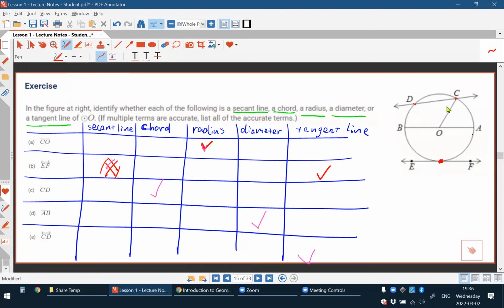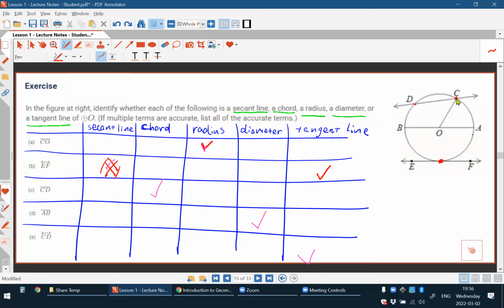Okay. And a line cannot be a chord, cannot be a radius, cannot be a diameter. So we don't tick any of these. And next is segment CD. Again, a segment cannot be a line, so we don't tick secant line or tangent line. Let's check if this is a chord.